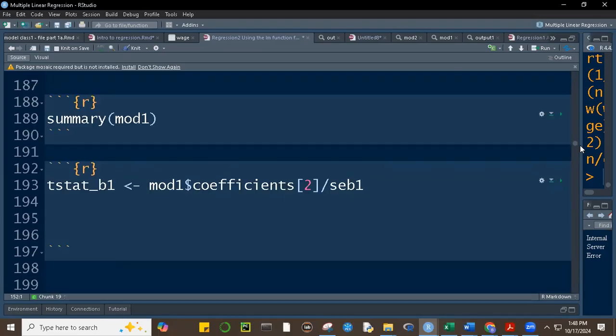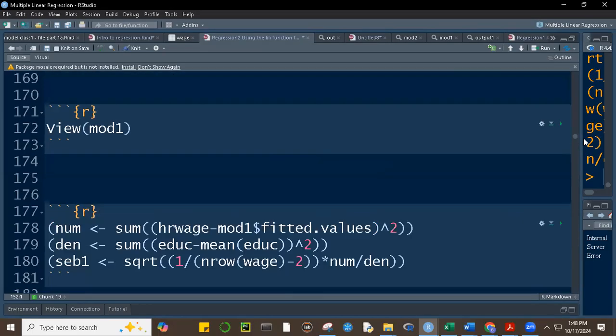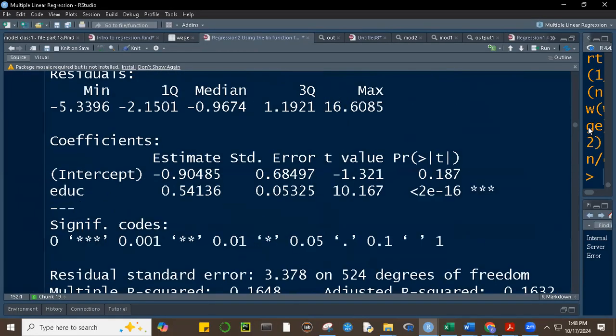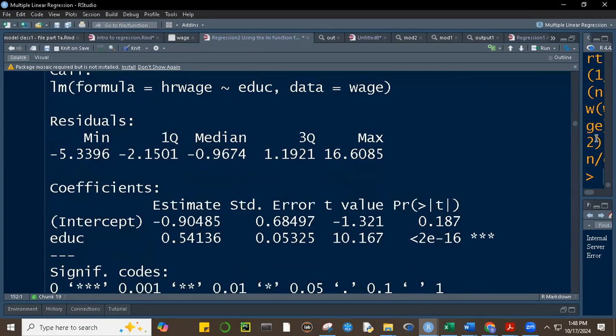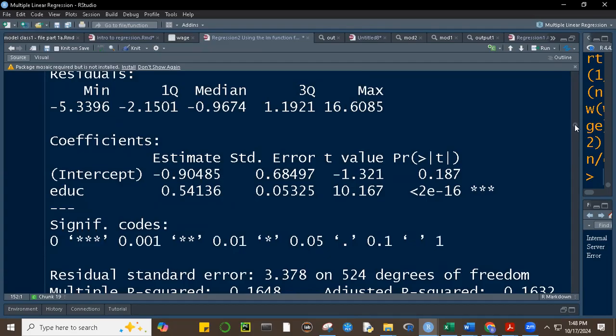This is not really difficult. I'll give you a few seconds, class, to research: given an lm output, given the regression output in R, can you extract the t-value from the model?